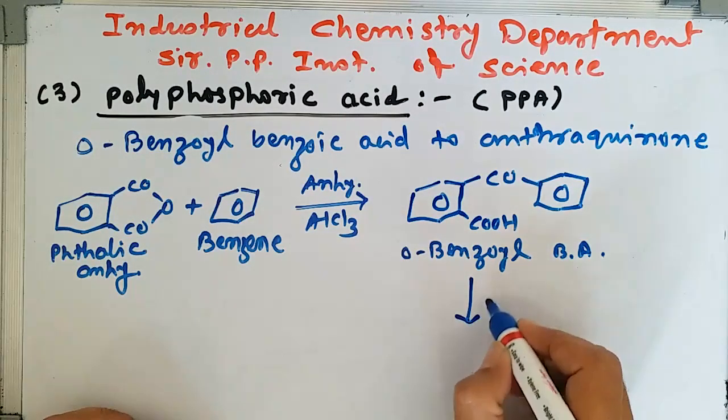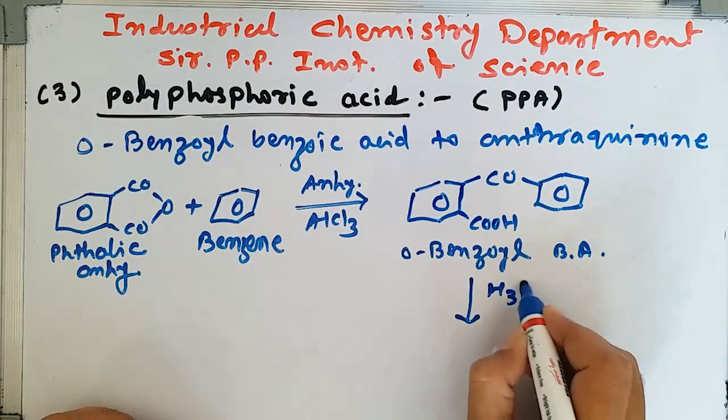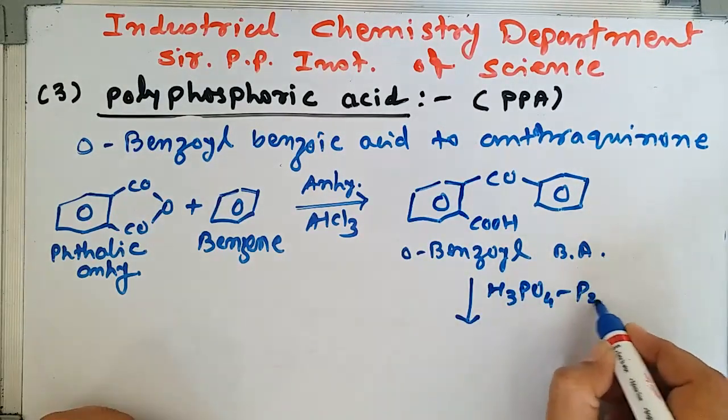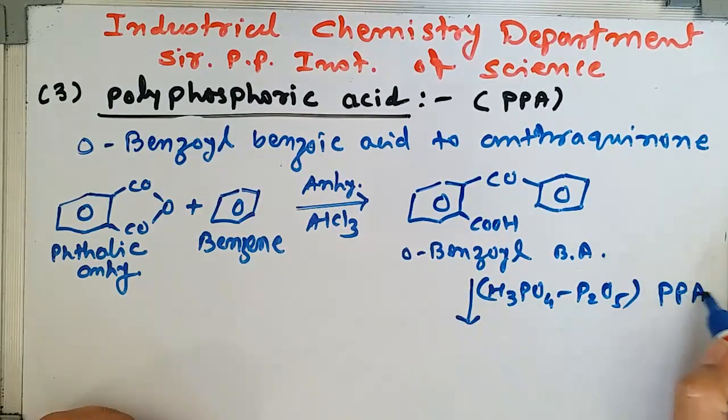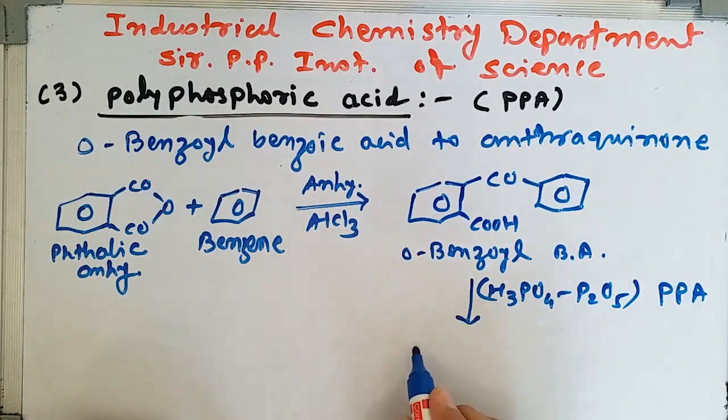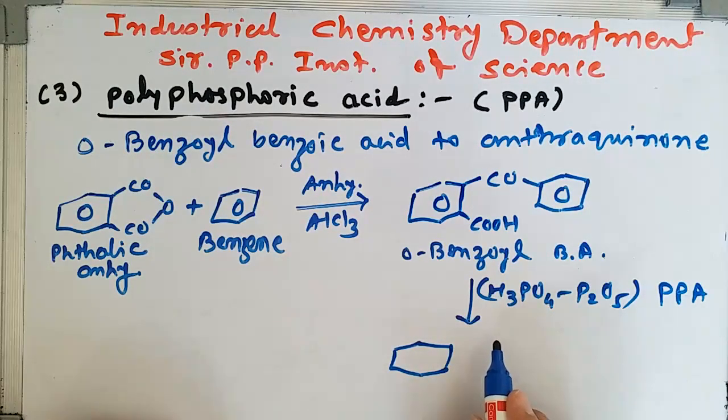Now this ortho-benzoyl benzoic acid is treated with polyphosphoric acid, a mixture of H3PO4 and P2O5, which is known as polyphosphoric acid. So this compound is converted into anthraquinone.